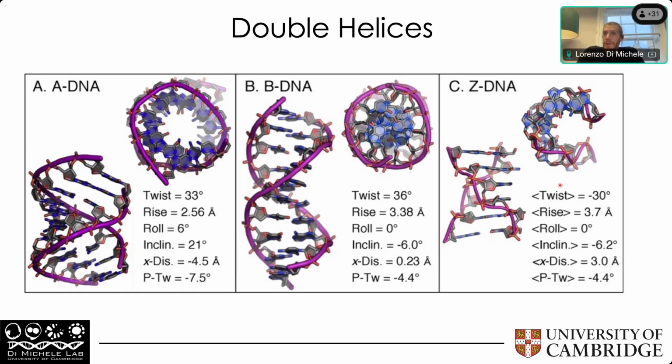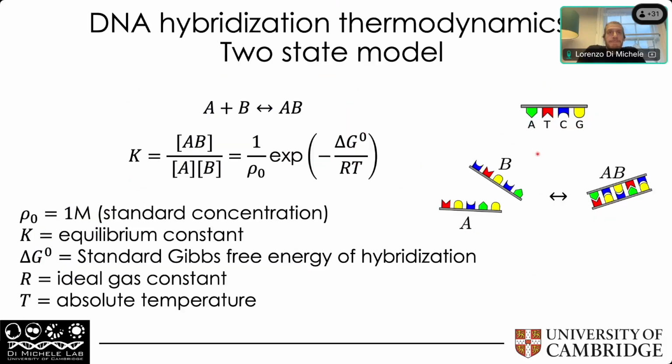DNA can also form this other type of helix called Z-DNA. So A and B are right-handed helices. This Z-DNA is actually a left-handed helix that can be formed if you twist the DNA the wrong way around. It's not super important in nanotechnology.